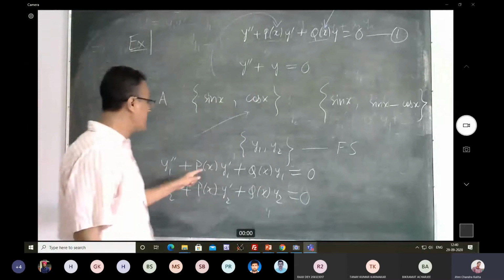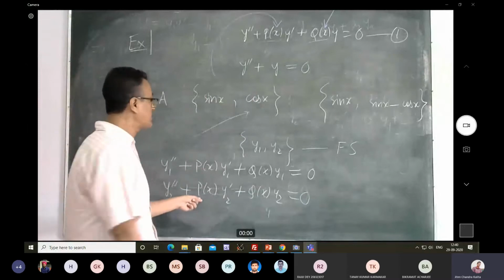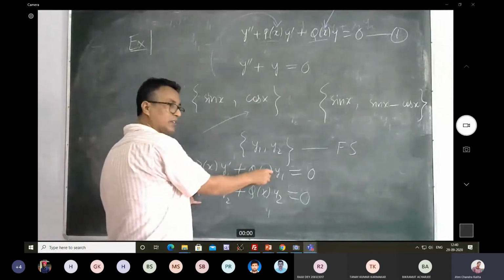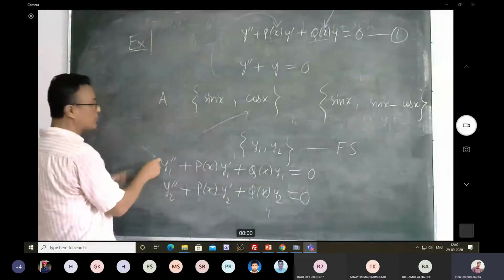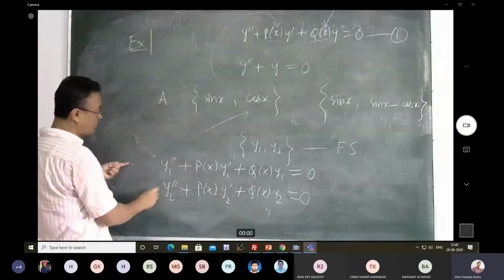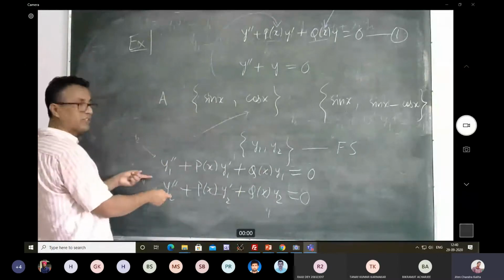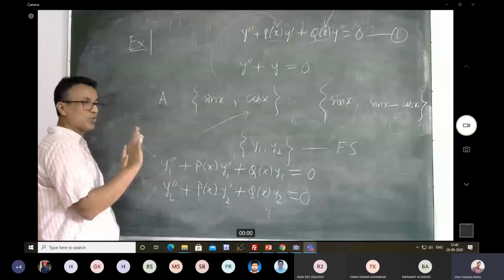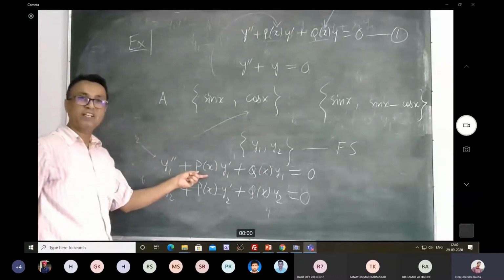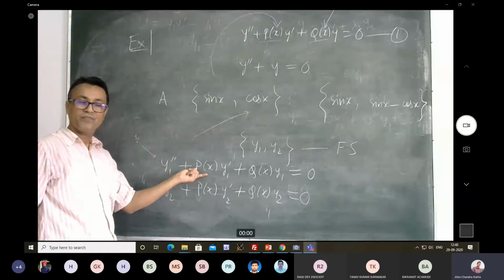In order to find p(x) and q(x), firstly you eliminate q(x). For that, you multiply by y2 and by y1, then subtract one from the other, and from there you'll be able to find p(x). Is it okay? Fine?